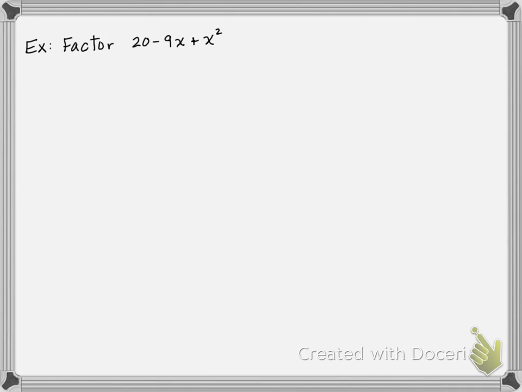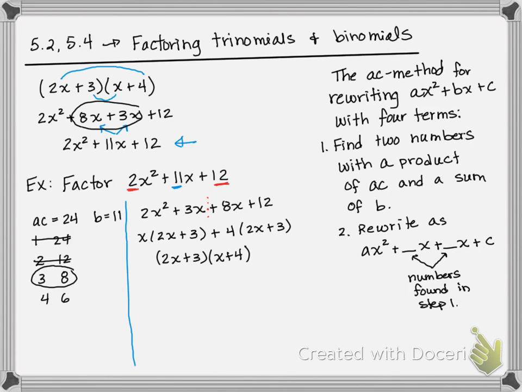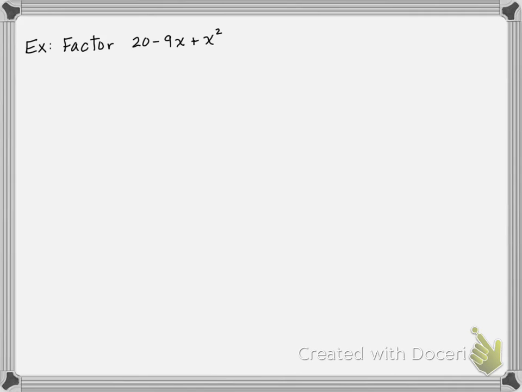If you don't put it in descending order, then it's really easy to get your A's and your C's all mixed up, right? So we want it in descending order so that everything works out exactly like we said it would when we wrote down what the AC method is. So we're going to write this as x squared minus 9x plus 20.